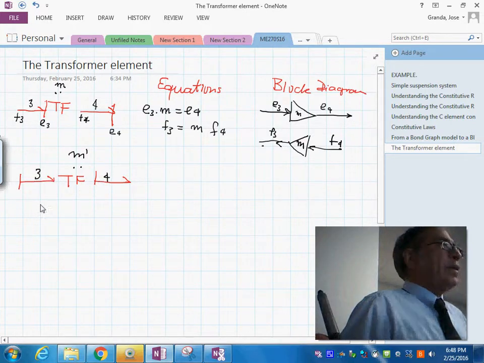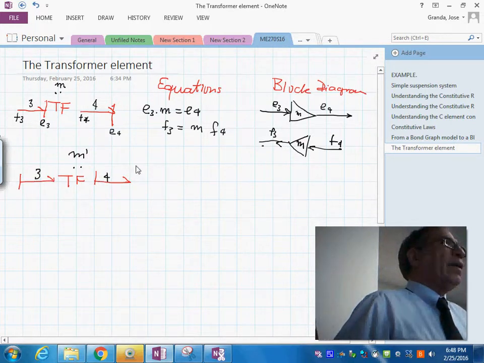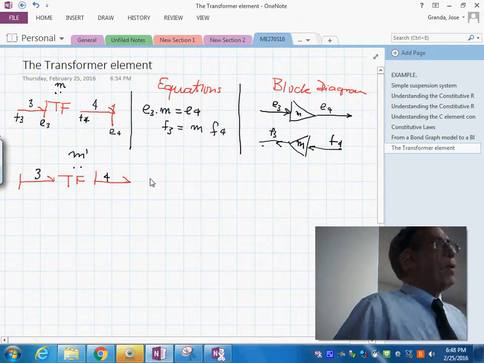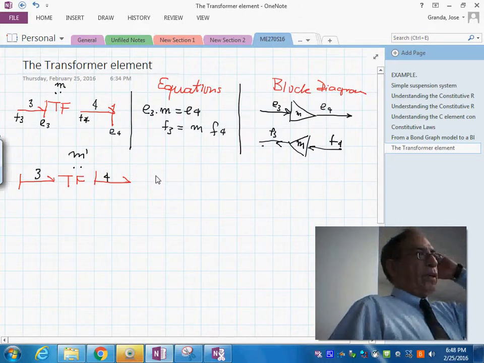The equations here are going to be like F sub 3 times M prime is F4.